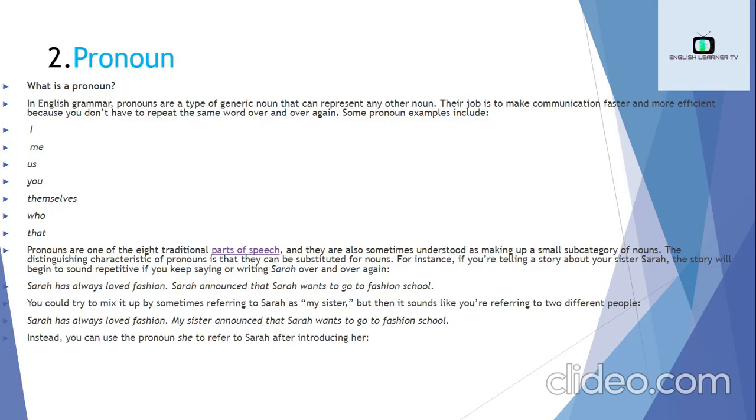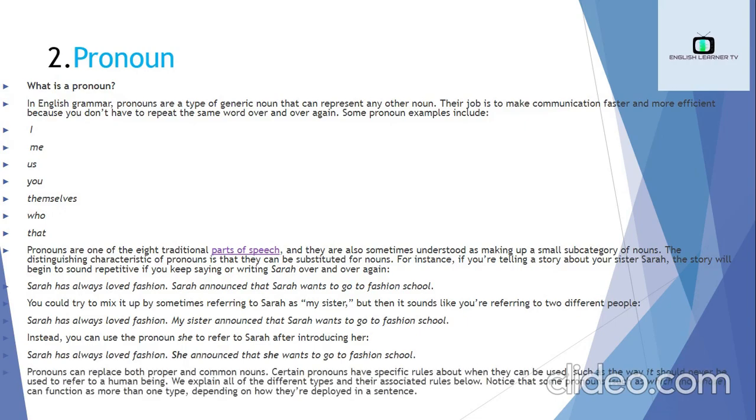Instead, you can use the pronoun she to refer to Sarah after introducing her. Sarah has always loved fashion. She announced that she wants to go to fashion school. Pronouns can replace both proper and common nouns. Certain pronouns have specific rules about when they can be used, such as the way it should never be used to refer to a human being.